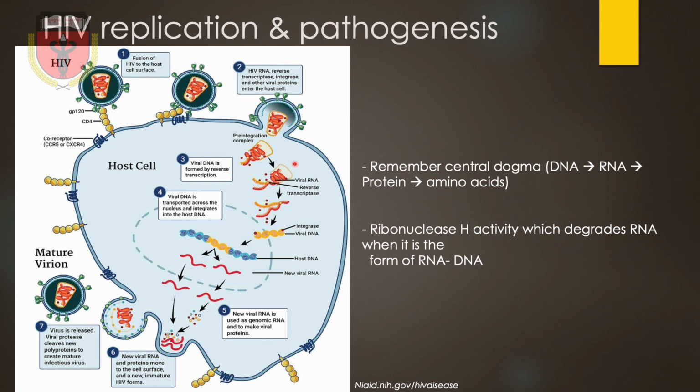The virus is going to replicate, right? In order to replicate, it has to replicate its nucleic acid. That is the essential component. Speaking of nucleic acid, the central dogma is that DNA is a double-stranded nucleic acid, deoxyribonucleic acid.